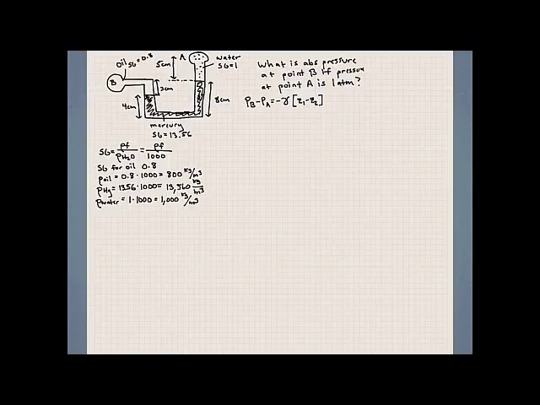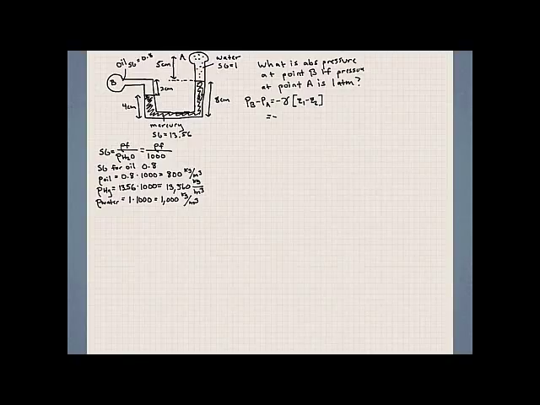So here we have gamma. So let's address this first. Gamma is the density of the fluid times gravity. We've calculated the densities for all the fluids. So if we multiply that by gravity, which is 9.81, we would get the specific weight of that fluid. For now, I'll just leave it in terms of gamma.